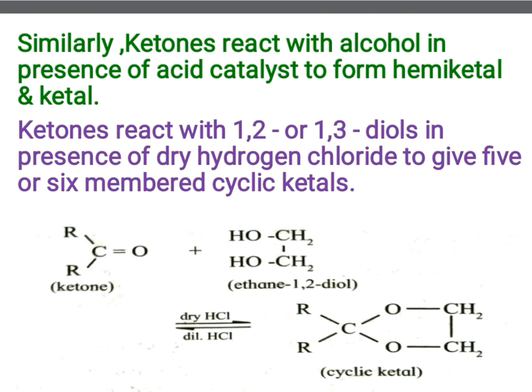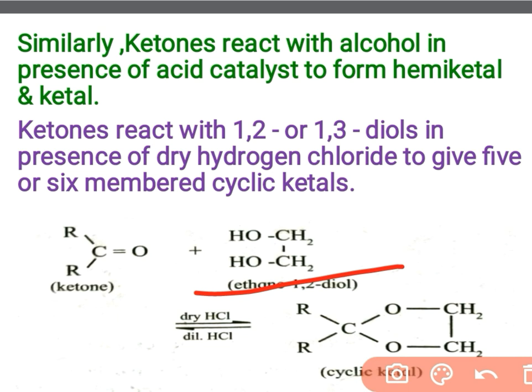Okay. Next, ketones react with 1,2 or 1,3-diols in the presence of dry hydrogen chloride to give 5 or 6 membered cyclic ketals. This is a 1,2-diol. See, this is a 1,2-diol. As OH groups are attached to the 1 and 2 positions of carbon and there are 2 OH groups, the prefix used is di.